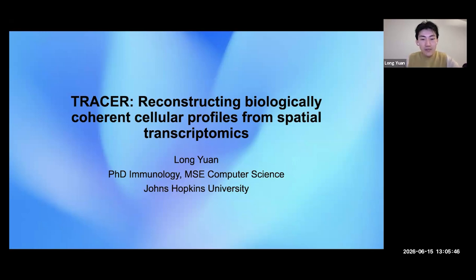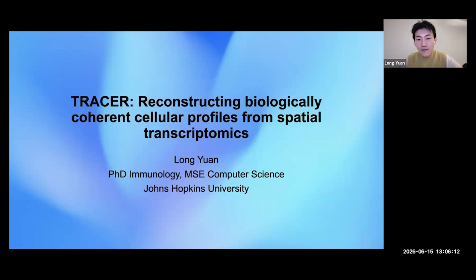So today I'll be introducing an algorithm we recently developed called Tracer. It is for a technology called spatial transcriptomics. And frankly speaking, spatial transcriptomics is transforming how we map tissue biology, but almost every downstream analysis assumes that the transcript-to-cell assignment is already correct.